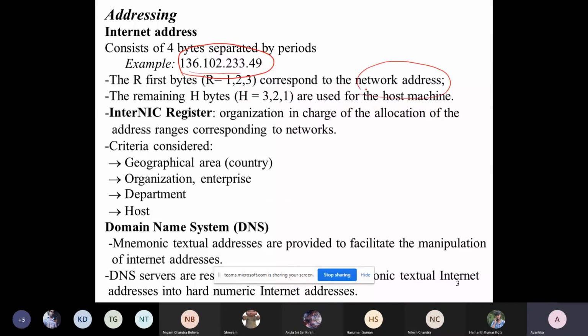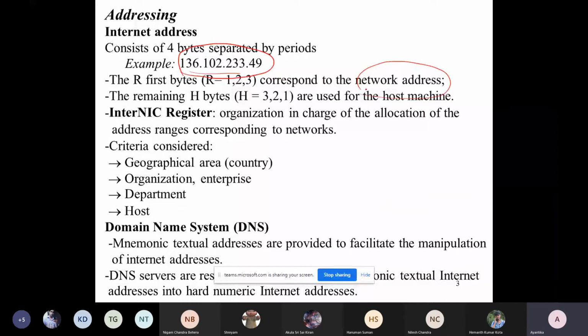When you enter a particular network, it may happen that the network consists of multiple hosts, multiple computers or other devices. So a net ID and a host ID should be there, where the initial part of your address represents the network ID, and the latter part indicates the particular host present in that network.